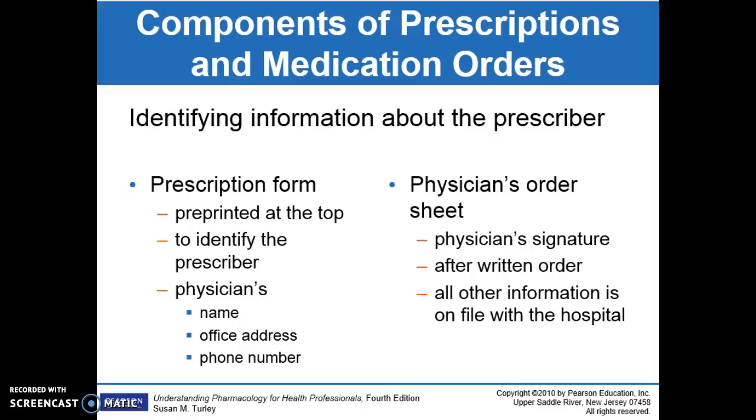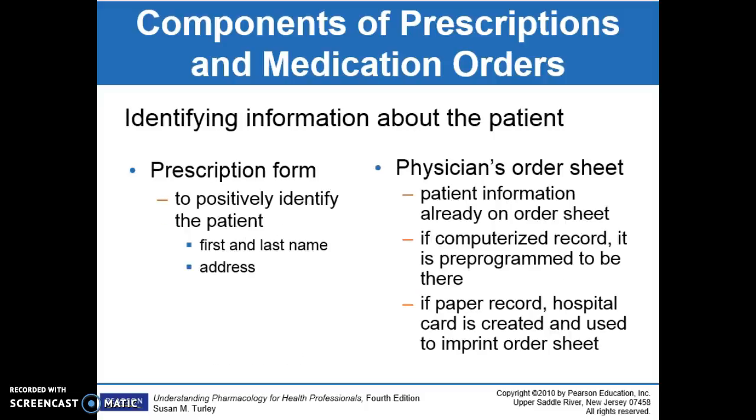A pre-printed prescription pad is most common. When you talk about a medication order, it's going to have the patient information already pre-printed on that order sheet for the most part. So these are just some of the similarities and differences between those.